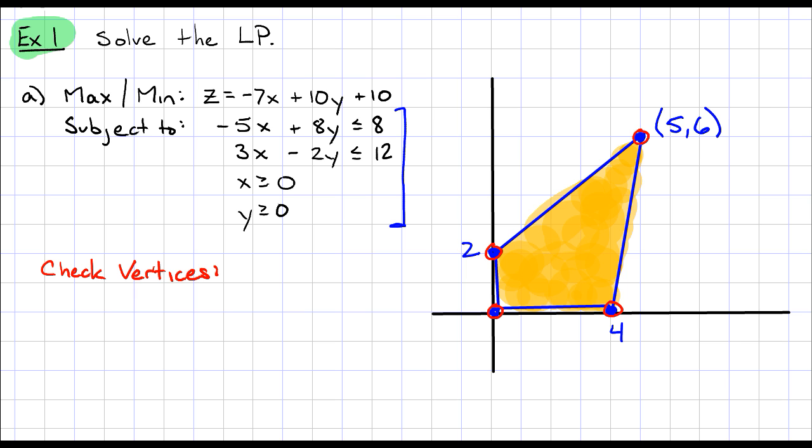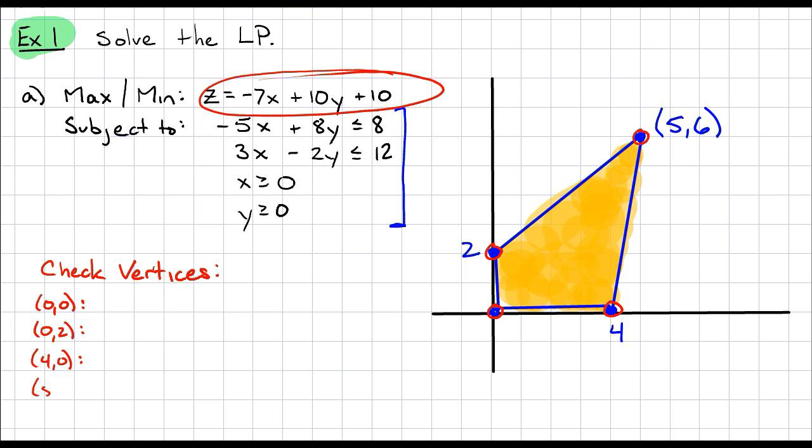After I sketch the feasible region and figure out what my vertices are, I need to plug each one of them, one at a time, into the objective function. I have 4 vertices: 0, 0; 0, 2; 4, 0; and the point 5, 6. Let's say I plug 0, 0 into the objective function. I get 0 plus 0 plus 10, so I end up with z equals 10.